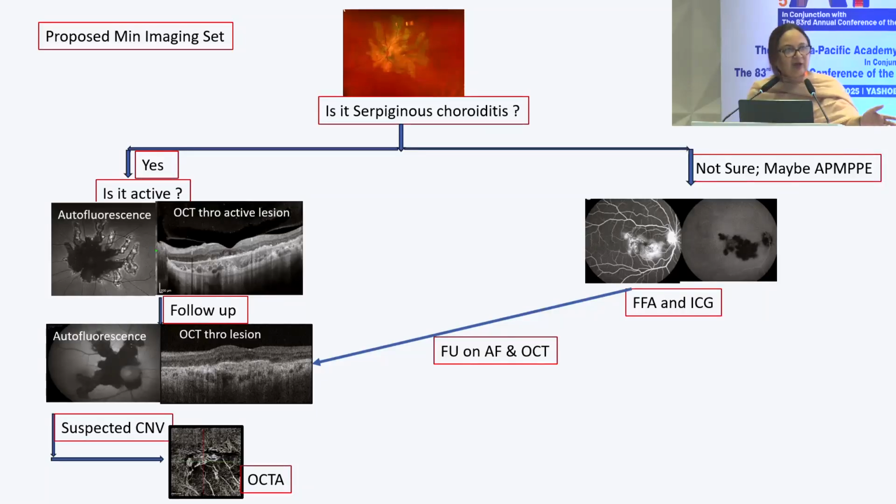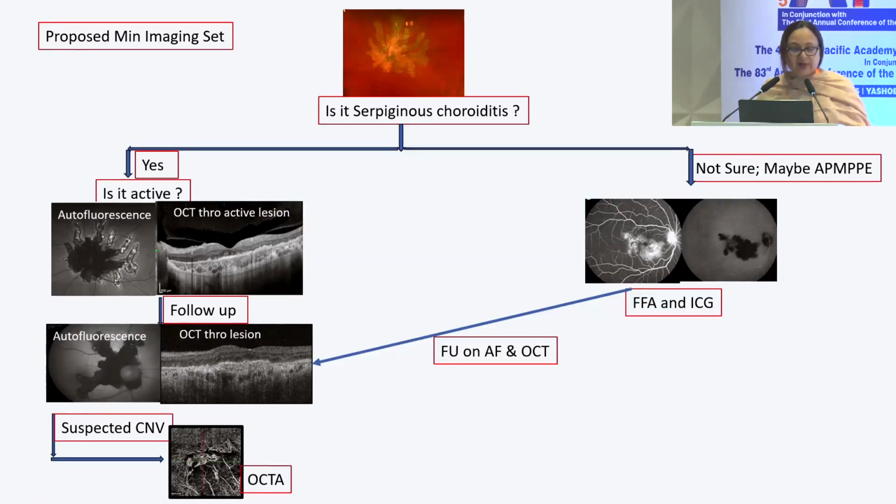Clinical examination and color photo are enough. The next question you ask yourself: is it active or inactive? To determine the activity, the minimal imaging required is autofluorescence and OCT, not fluorescein, not ICG.